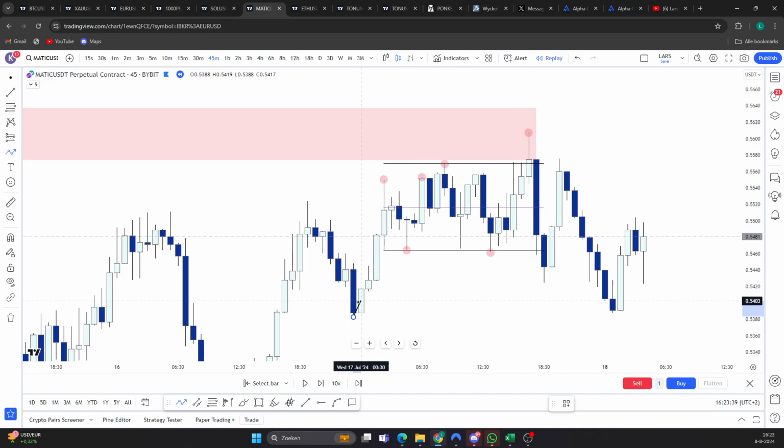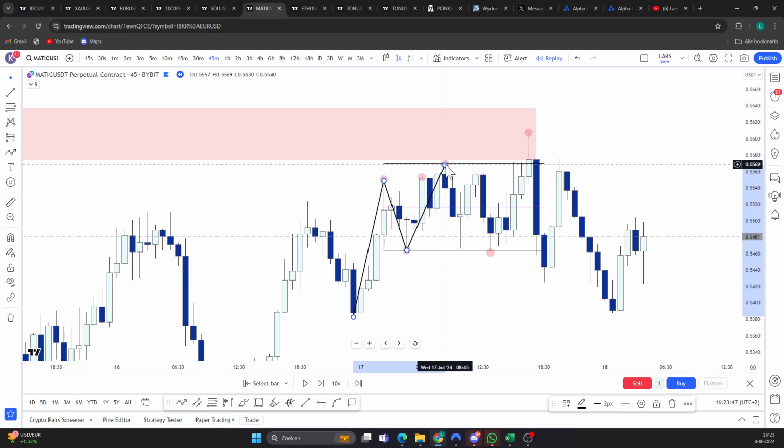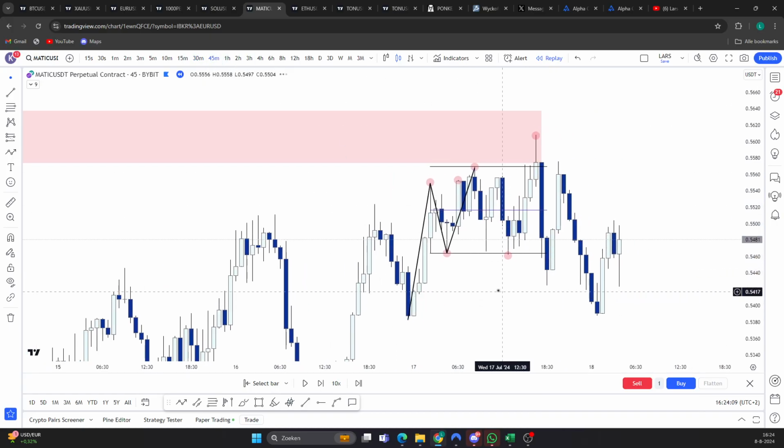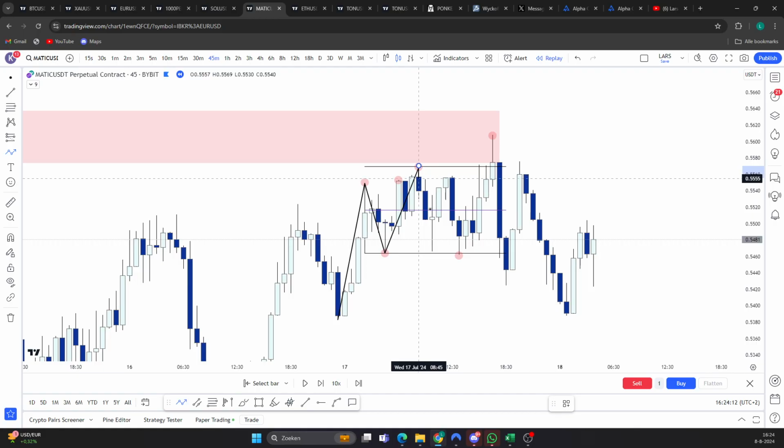We have 2 consecutive candles going up, and 2 consecutive candles going down, confirming this as a valid 45-minute range. We can hover around the 30 and 45. Got the retracement of 2 consecutive candles going lower, and then we went higher again.